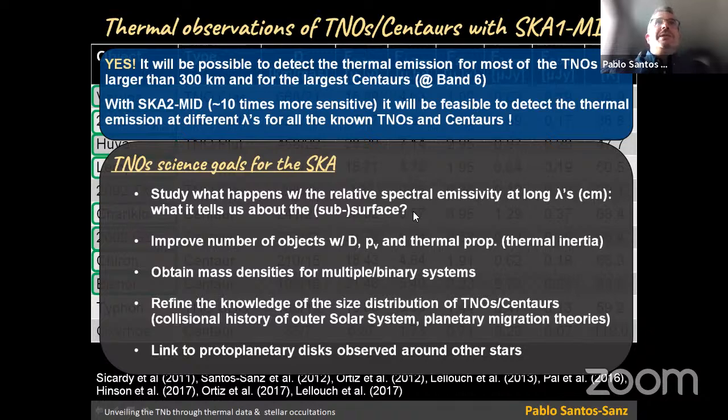But if you use SKA, we can obtain information from more centimeters inside the surface of the object. So it's interesting that perhaps we can obtain this information from other projects that observe a field of view where a TNO or centaur is.